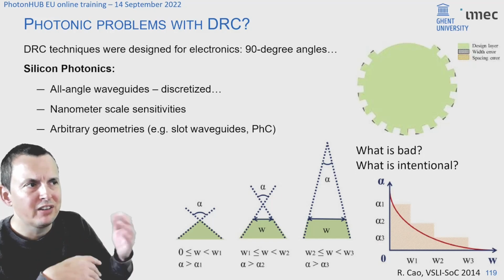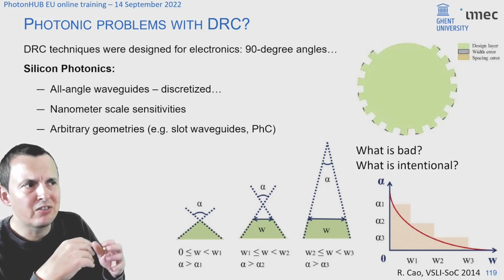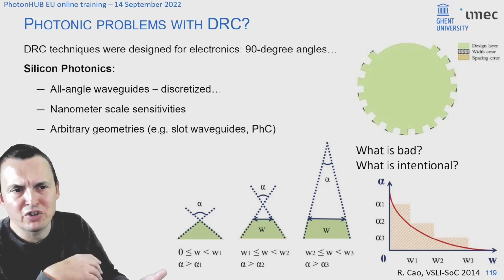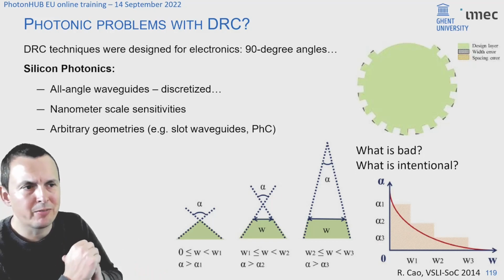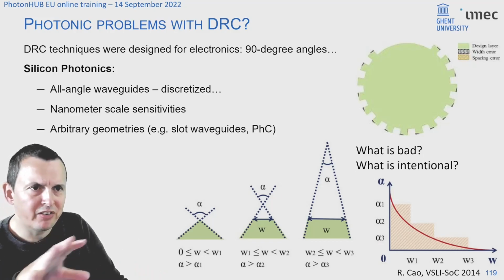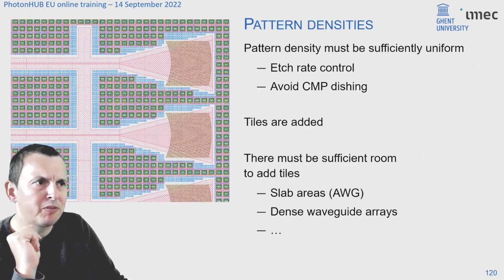If you find design errors, it's difficult for these tools, at least at this point still for photonics, to identify what is intentional or what is essentially an error. Now, one step that also becomes important in this stage is the problem of pattern density.